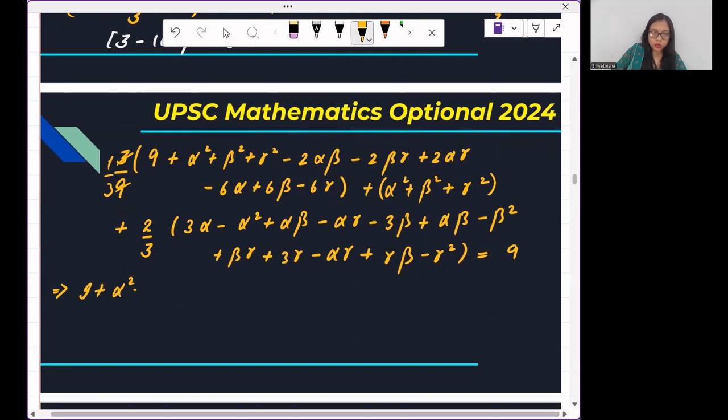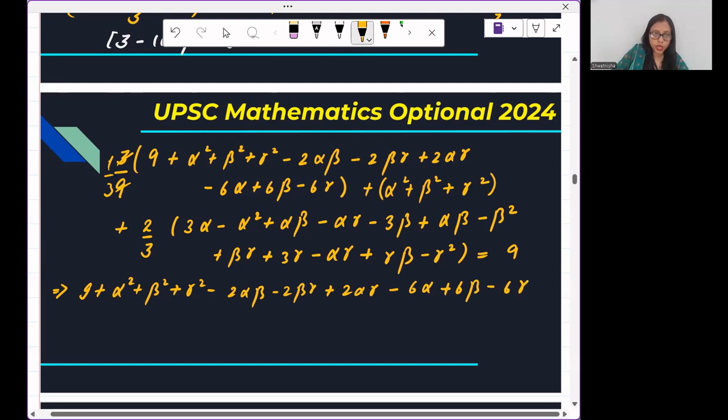9 plus alpha square plus beta square plus gamma square minus 2 alpha beta minus 2 beta gamma plus 2 alpha gamma minus 6 alpha plus 6 beta minus 6 gamma plus 3 alpha square plus 3 beta square plus 3 gamma square minus, let's multiply this 2 here.